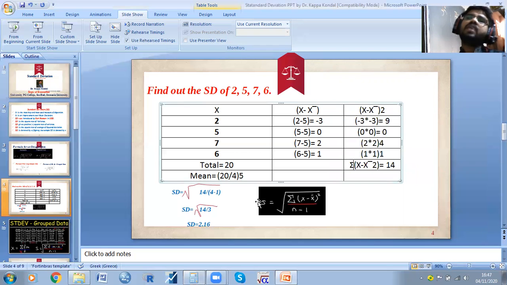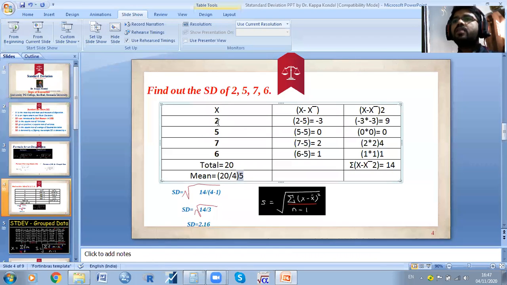So what is the meaning of 2.16 here in statistical and research orientation? When you calculate the standard deviation, you need to conclude on the basis of the standard deviation. The standard deviation tells how much each observation is deviating from the mean value. What is the mean value here? 5.